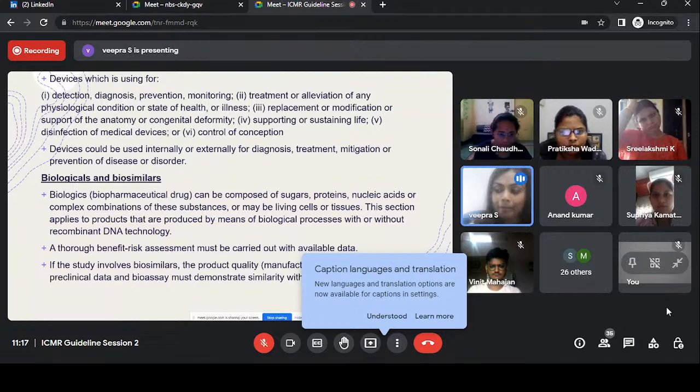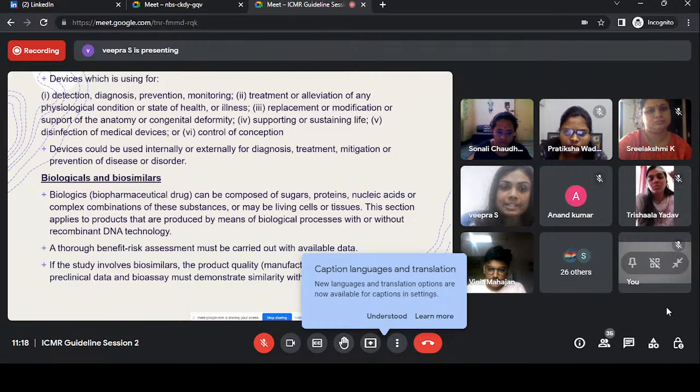So can you tell me some examples of these devices? Pacemaker, which is implanted in the heart. Catheters. ECG. Stents. X-ray machine.